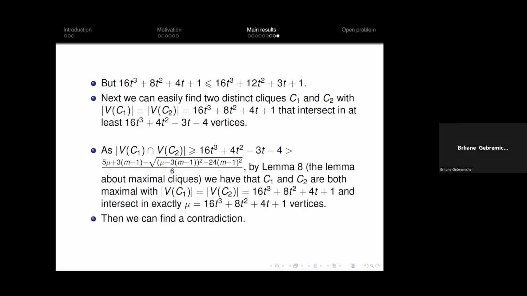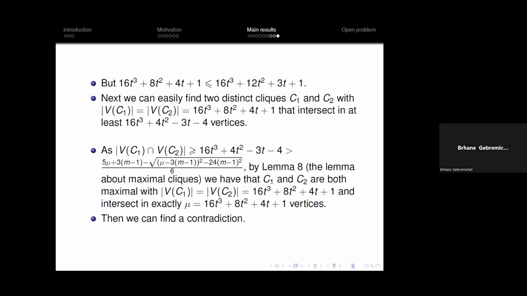So as the number of common vertices in these two cliques is greater than the number in the inequality in the lemma about the maximal cliques, this satisfies that lemma.